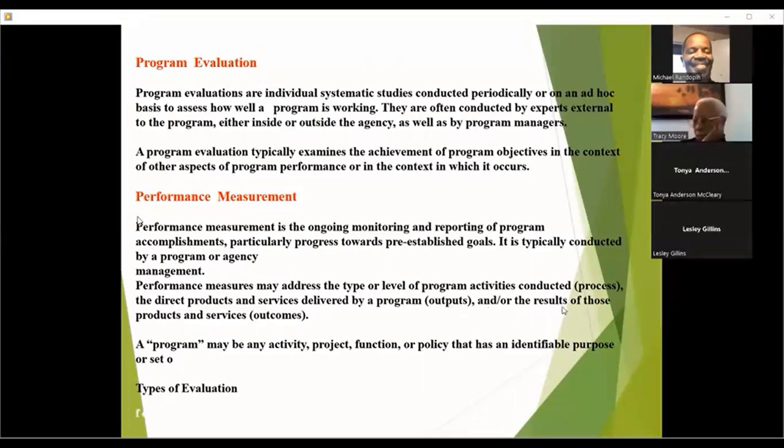And/or the results of the program that you plan to bring about. What are going to be the results? That's what we call outcome. We're going to talk about that in just a minute. A program may be any activity or project or function that has an identifiable purpose or set. Now, let's talk about the different types of evaluation.